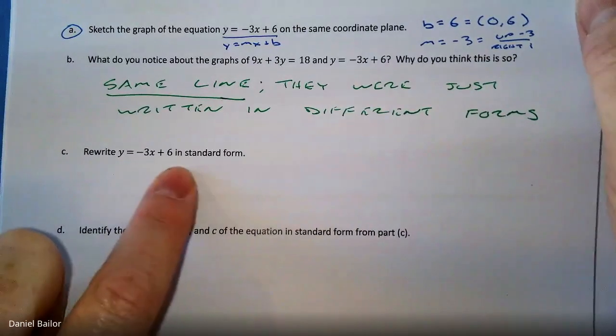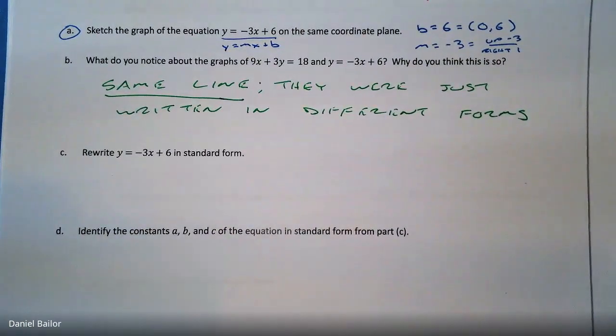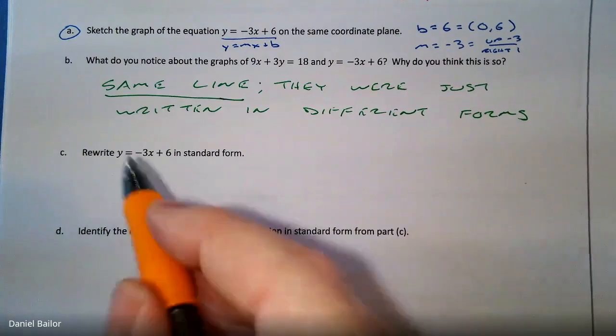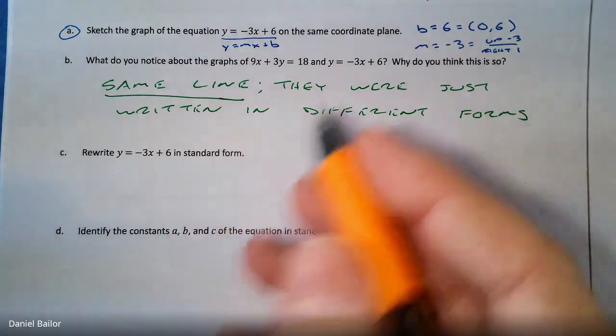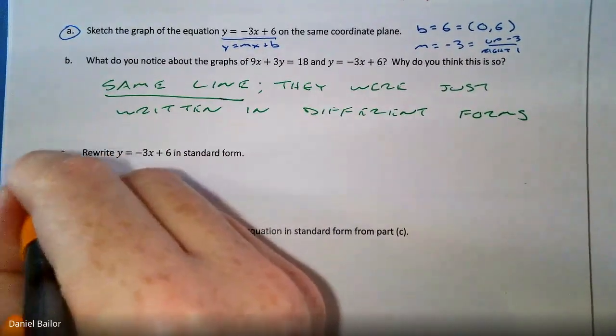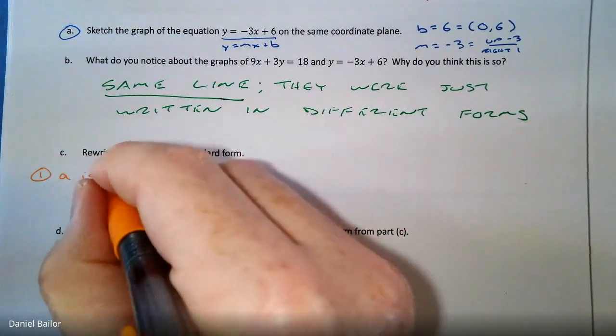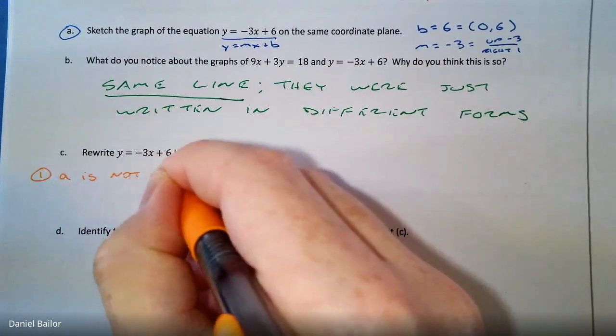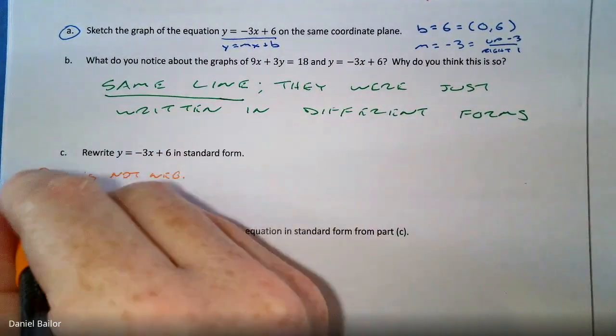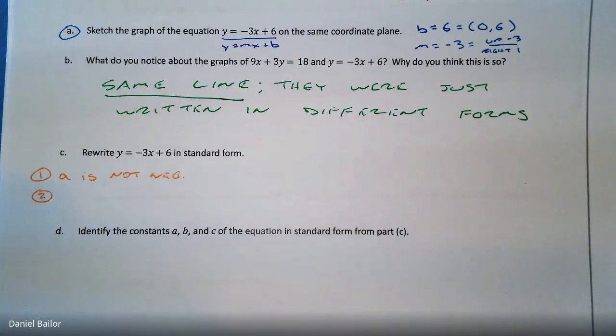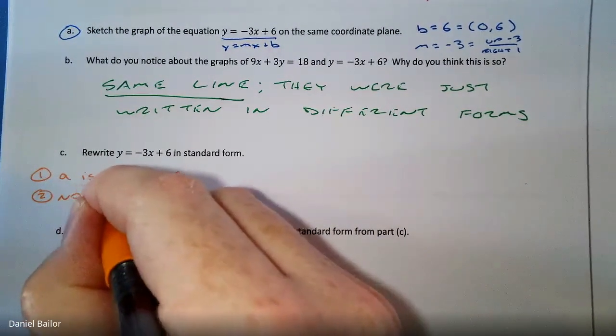Okay, so now let's see here. Rewrite our slope-intercept form in standard form. So I need to use my properties to change slope-intercept into standard. So remember our rules for standard form. A is not negative. That's one rule. Rule 2, we have no fractions.